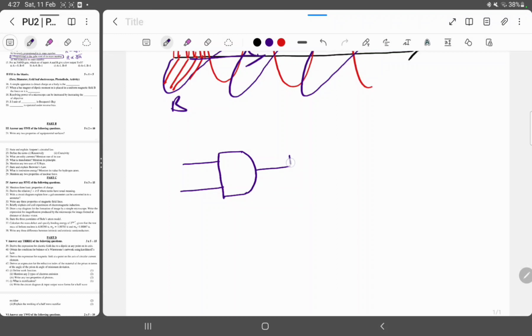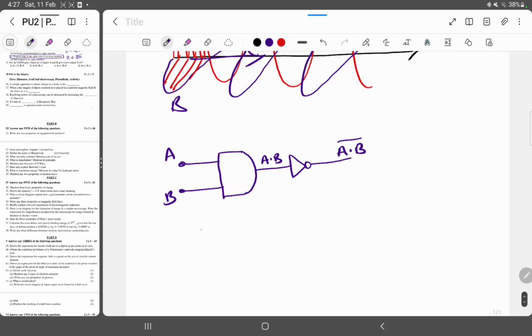This is AND gate. If you connect NOT gate in front of the output of the AND gate, you will get NAND gate. This is A, this is B, this is Y. Let me consider this is the output of AND gate, which gives A and B, and here you will get output A and B whole bar.